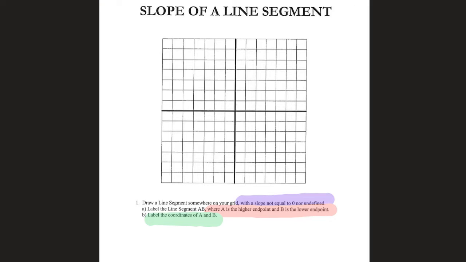Okay, we're back. So I'm going to go through, and again, hopefully we have something different. For me to start off, I'm going to draw on my line segment. Maybe I have a line segment that goes from up here, and maybe I go all the way down there. So I'm going to connect those with my straight edge and draw on my line.